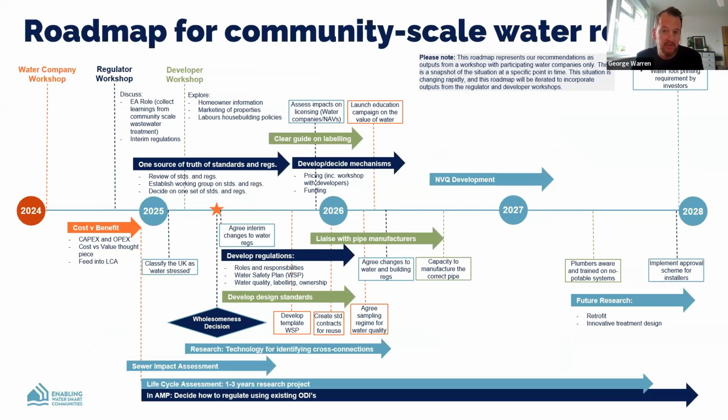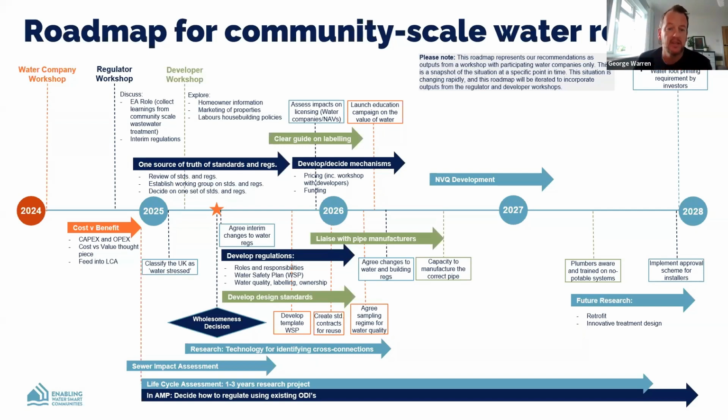Now, this is very much a draft, and this represents what those around the table from the water company perspective started to put together. I think these dates can be challenged as well, but it was a starter for 10. You can start to see there some of the things around the guidance around labelling, the development of regulations around that, decision around wholesomeness, which we're putting there for middle of 2025, and certain research is needed there, stuff around plumbers' qualifications and the likes.